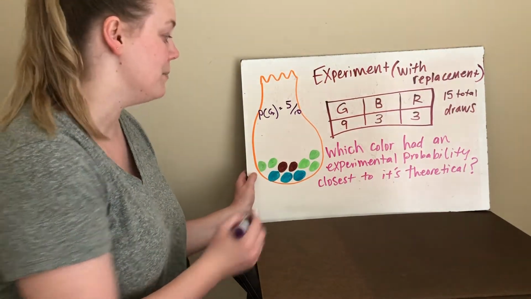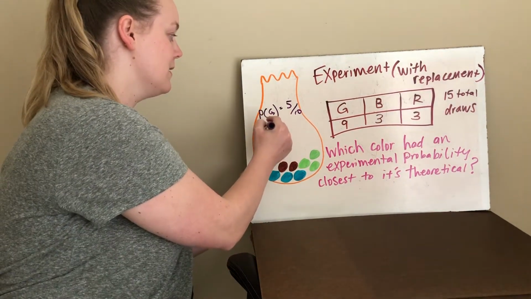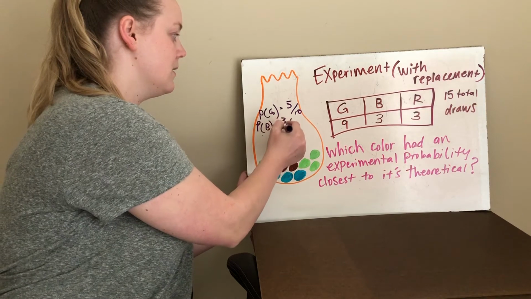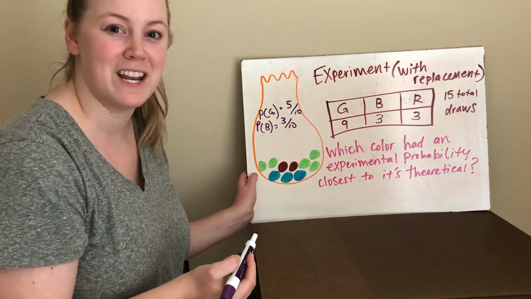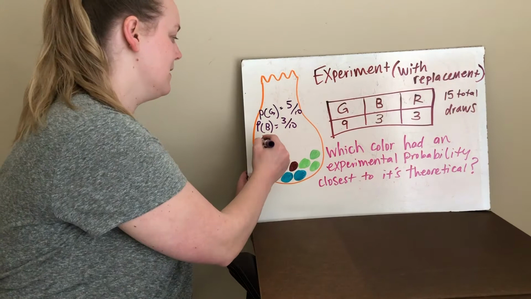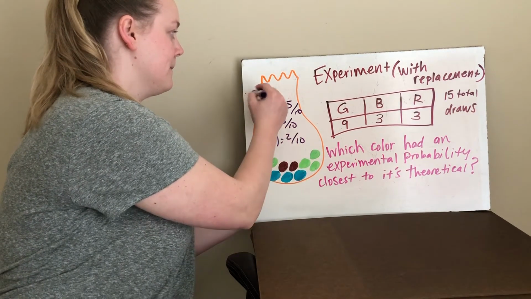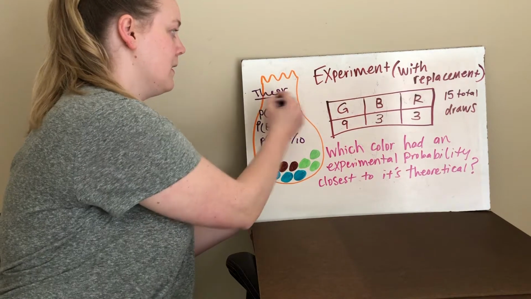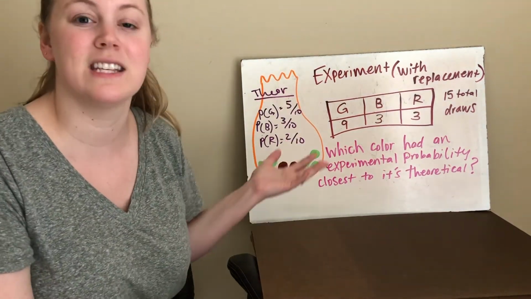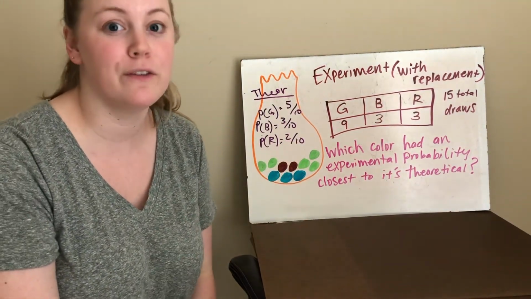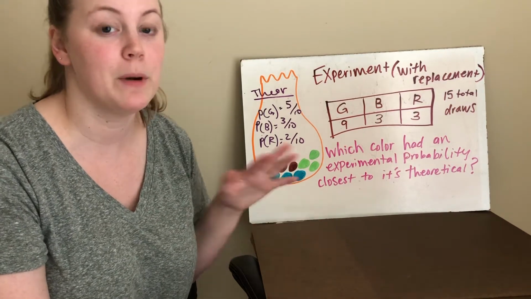Probability of getting a blue is 3 out of 10. And probability of getting a red is 2 out of 10. Now that's in theory, that's theoretical. That would be in a perfect world if everything lined up perfectly.